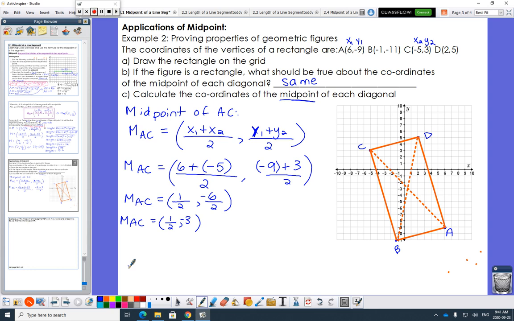And again, in a question like this, it doesn't really ask us to draw or graph the midpoint, so maybe you just want to leave it as a fraction. You can make that a decimal. It is 0.5, so you can kind of see that. But again, maybe the grid's hard to see.